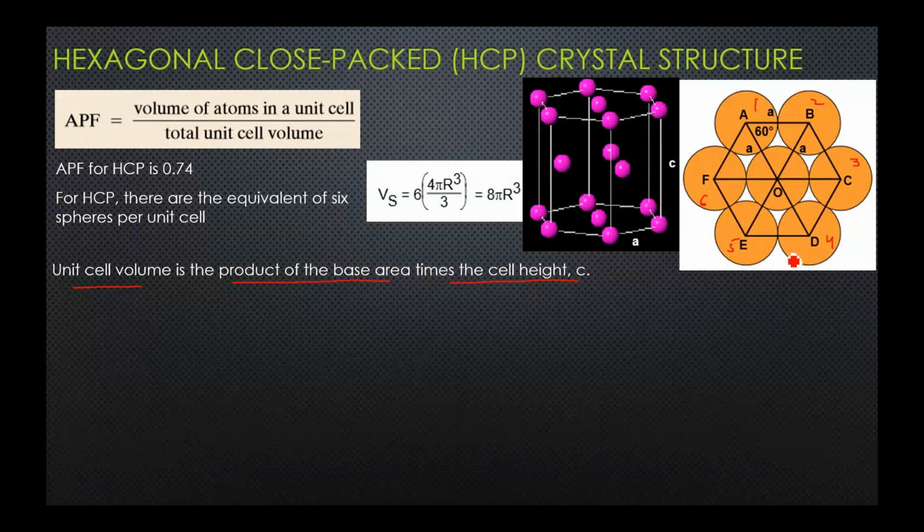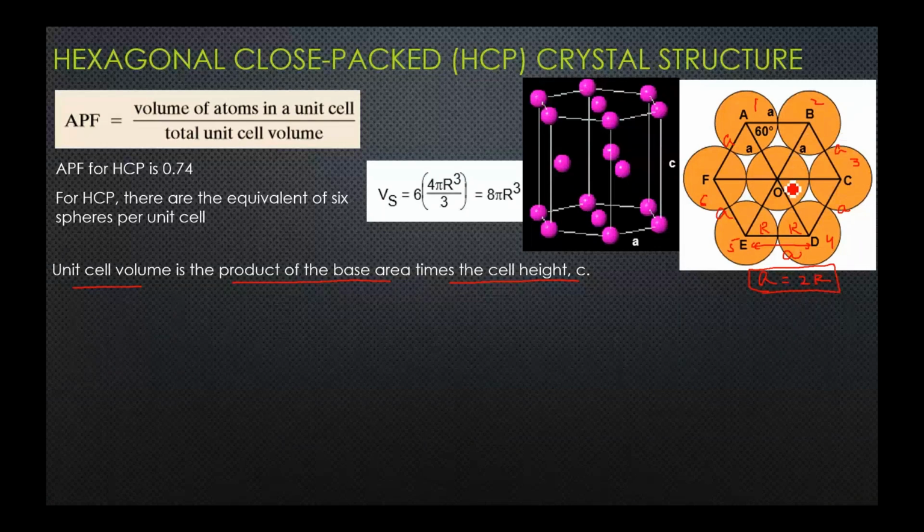Now, if I define the length ED, what is it? A. Very good. All these lengths are essentially A. And if I say that this is R and this is R, then A is equivalent to 2R. Would you agree with this or not? Yes, sir.